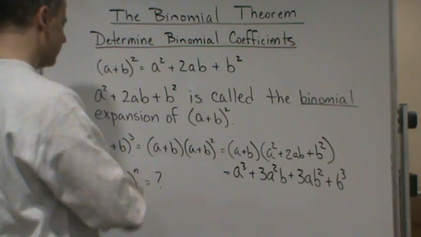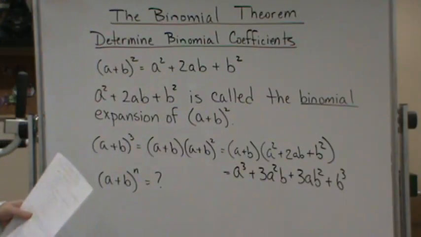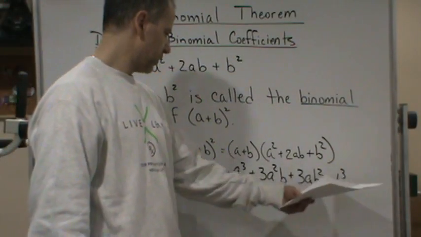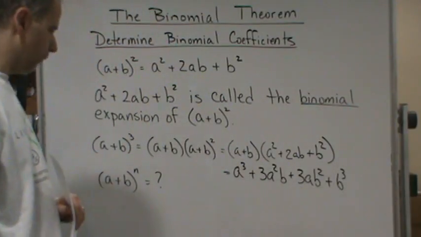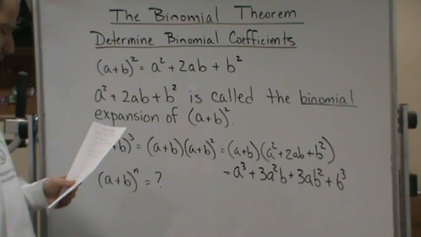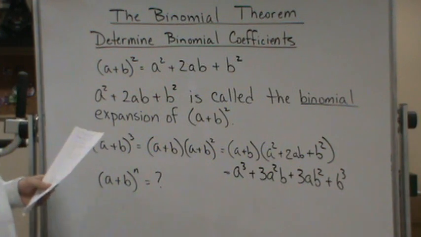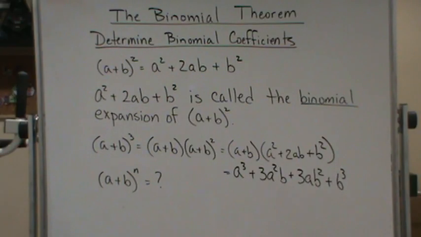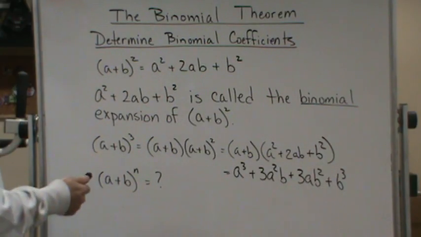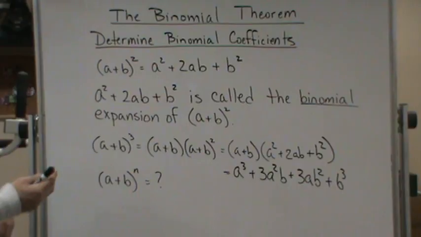It turns out that the coefficients follow an expression. We'll get to the exponents later, but the coefficients follow a triangular array of numbers called Pascal's triangle.